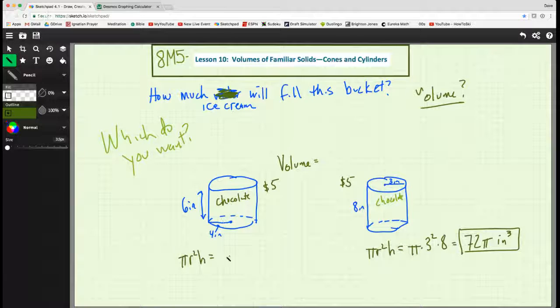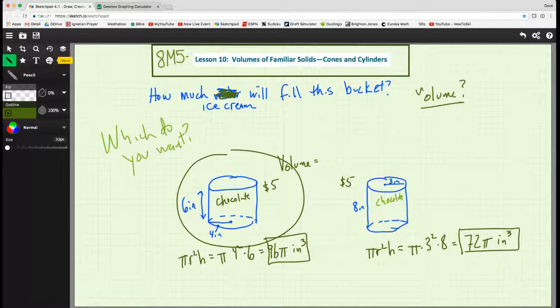Over here, we have pi times 4 squared times 6. Well, that's 16 times 6. So this one over here is 96 pi inches cubed. And so we say we want this one.